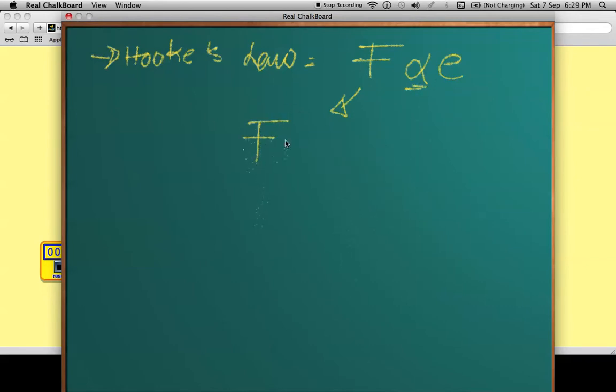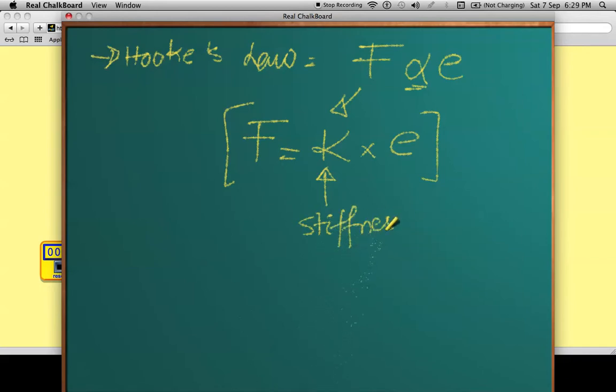This becomes F equals K times extension, where K is the stiffness of the spring. This is the stiffness of the spring.